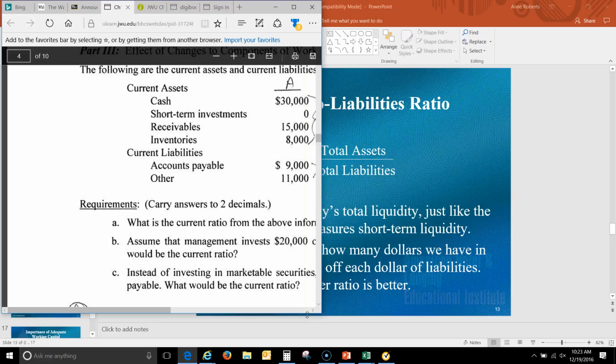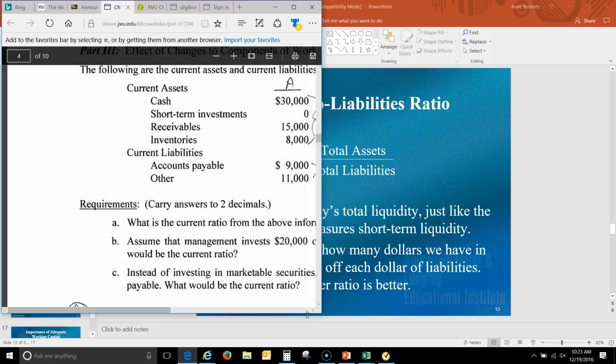All right. Now, hang on, because I want to do something real quick here before we do anything else. All right. So in B, it says assume the management invests $20,000 of excess cash into marketable securities. What would be the current ratio then? All right.